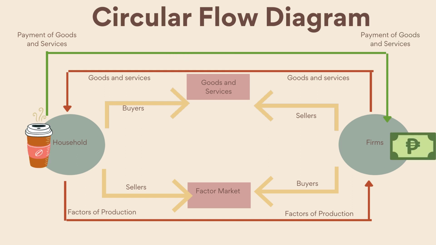What happens is your money now goes to the firm and you have your Starbucks. So you can see the flow of money, the flow of peso, from the household because it is the buyer. Its money has now gone to the firm because that money was used to pay for the goods and services, which is the coffee.